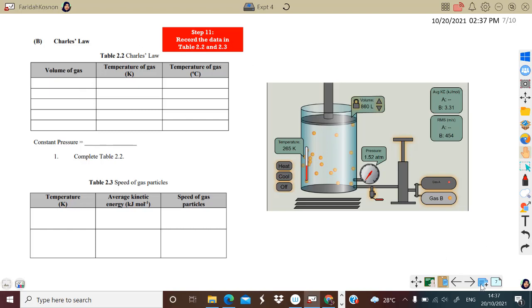Okay, jadi apa yang you akan record adalah volume occupied by the gas. Temperature in Kelvin. Daripada sini you nampak temperature tu memang Kelvin. Ini volume, ini temperature in Kelvin. Jadi you kena tukarlah kepada degree Celsius. Yang ni you kena buat kerja sikit. Macam mana nak tukar kepada Kelvin ataupun degree Celsius, kita dah belajar dalam tajuk gas hari tu.